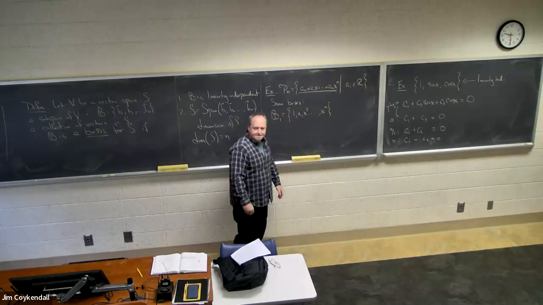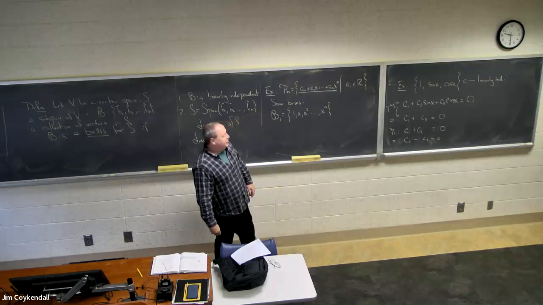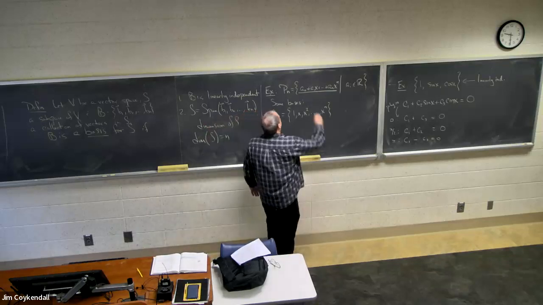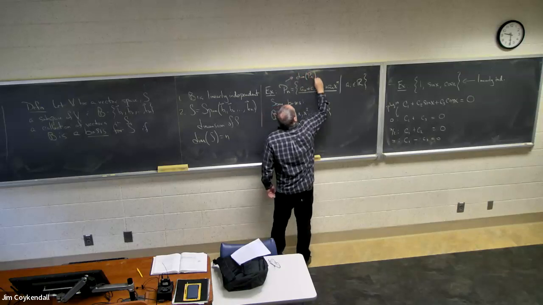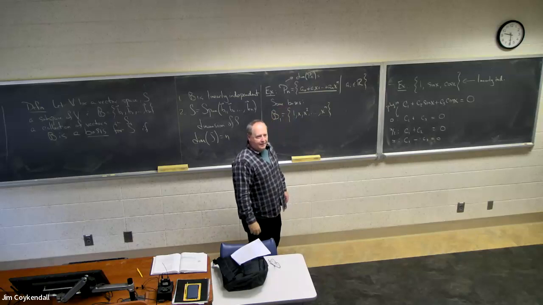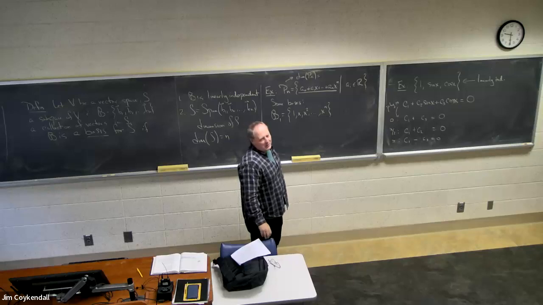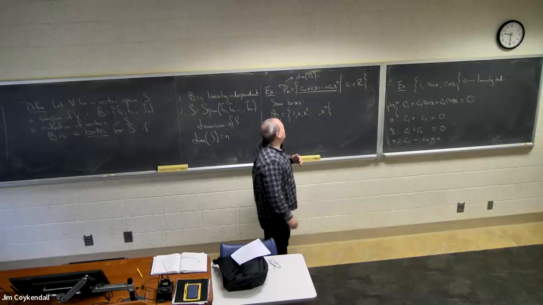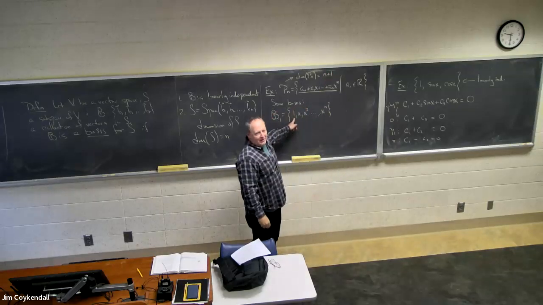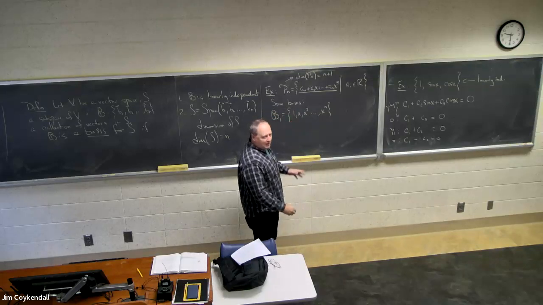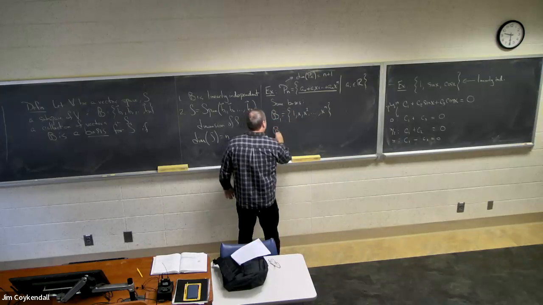Right, okay with it? What's the dimension? Oh, tricky teacher. It's not n. It's n plus one. You start counting at the 0 power, but see how evil I am?